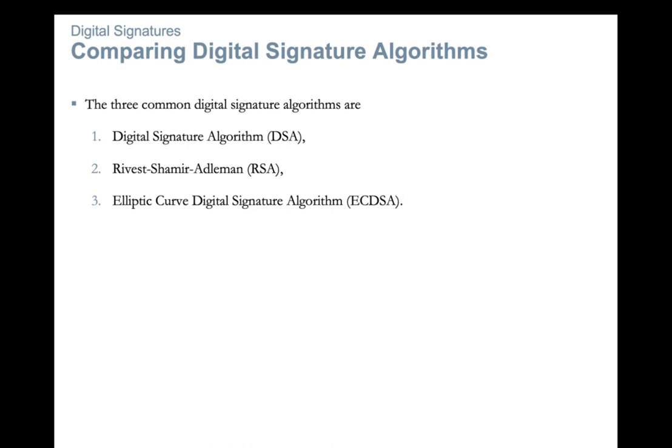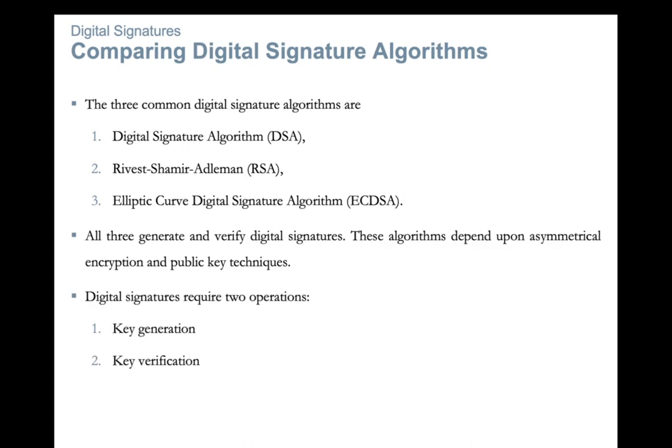All three digital signature algorithms generate and verify digital signatures. These algorithms depend upon asymmetrical encryption and public key techniques. Digital signatures require two operations: one is key generation, another is key verification. Both operations require key encryption and decryption, that is, private key and public key.